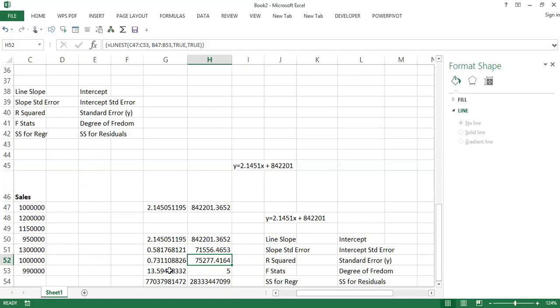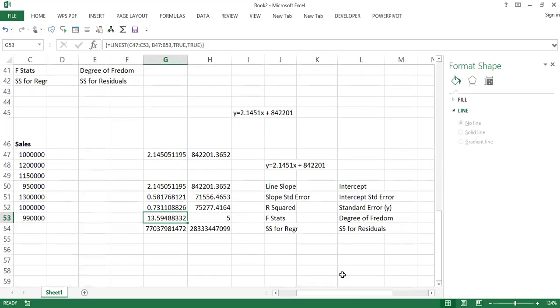This is the F statistic. When we are doing hypothesis testing, then we'll talk about the F statistic. It's a test of variance. This is the degree of freedom.